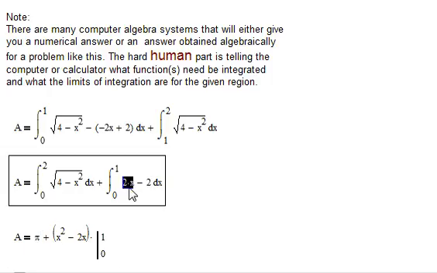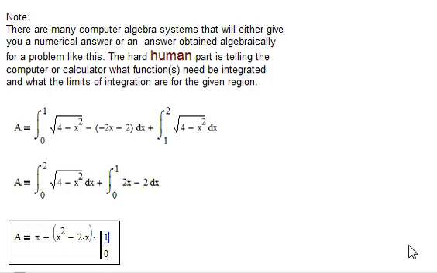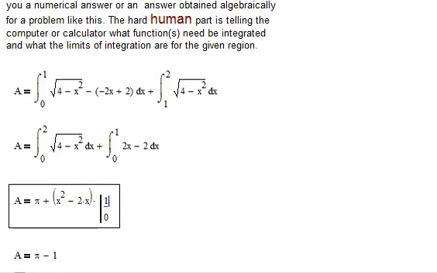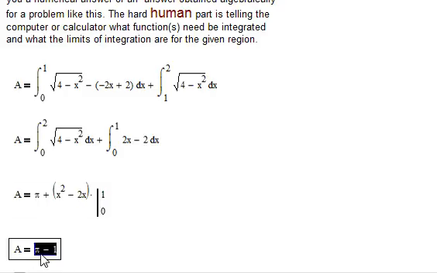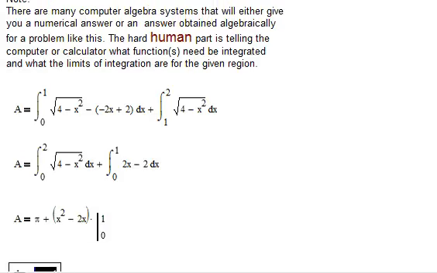And integrating this, of course, we get x squared. Integrating this, we get 2x, and that's evaluated between 0 and 1. So put in 1, we get 1 minus 2, and put in 0, we get 0, so the whole area is pi minus 1.